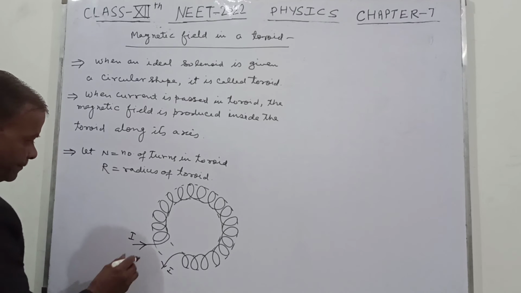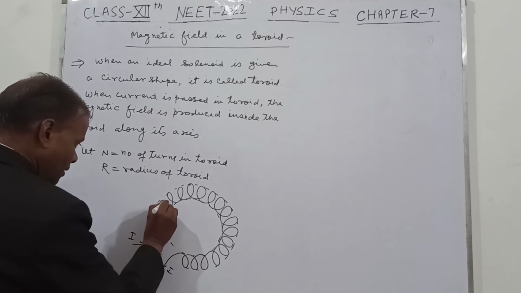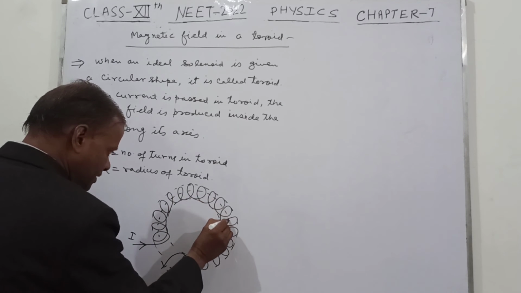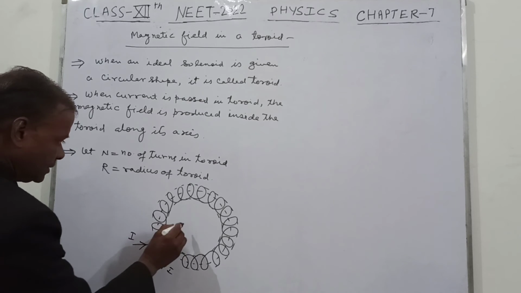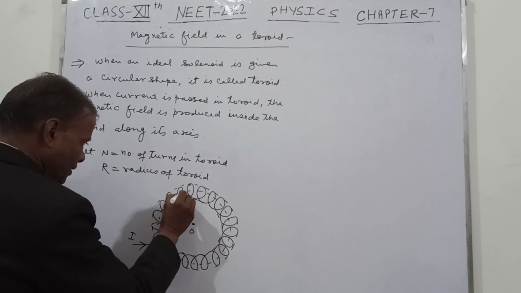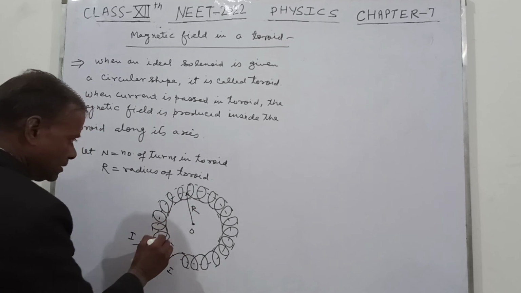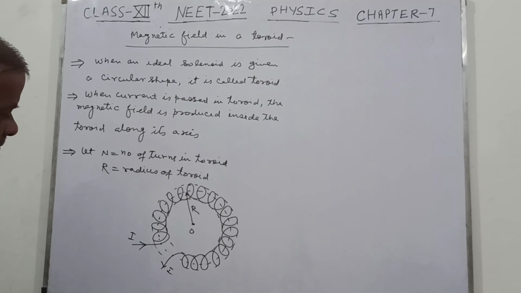We have these centers, so we combine all the centers of the circular coils of this solenoid. Suppose this is the center O, and this distance is R, the radius of this toroid.